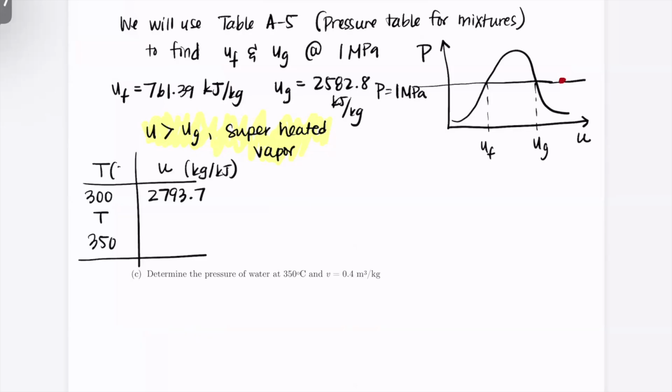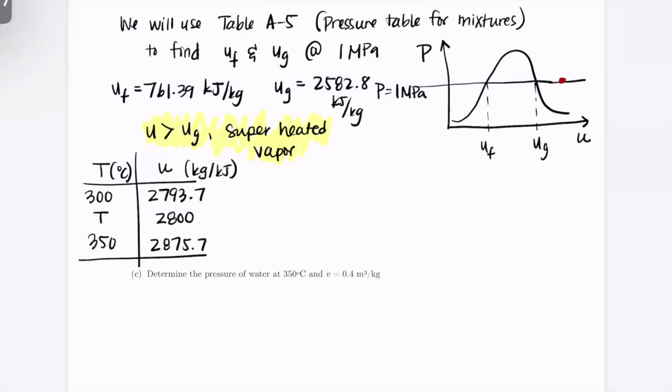Our temperatures are in degrees C, of course. 2800 is our internal energy for the temperature we're looking to find. And then 2875.7 is the internal energy at 350.